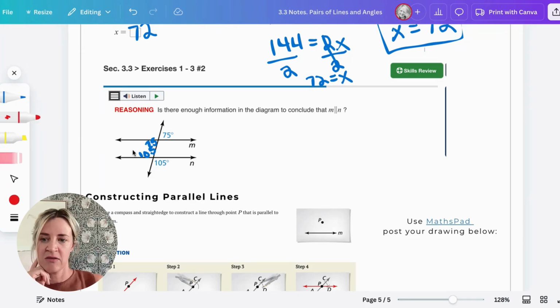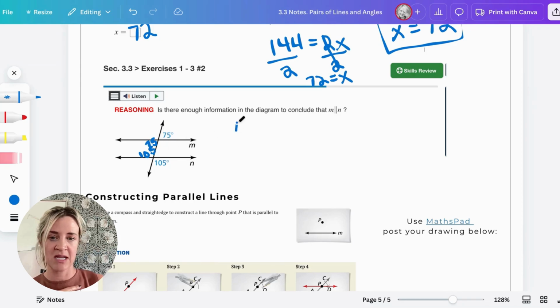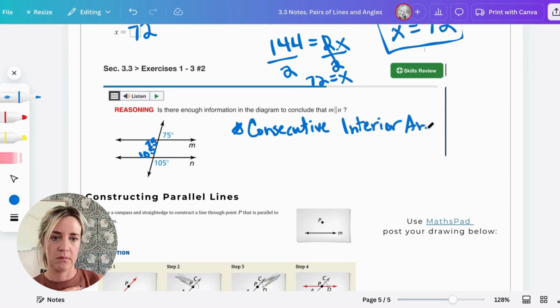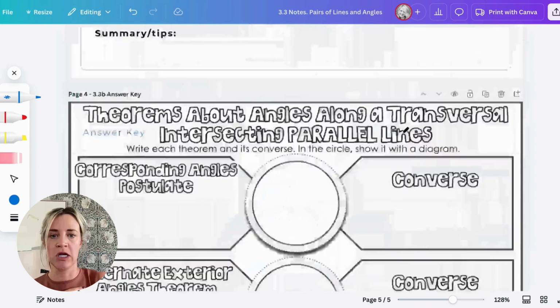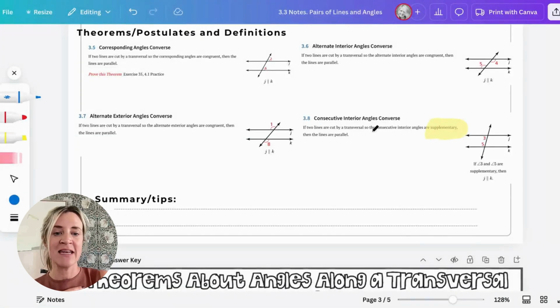And then looking at those two angles, the 75 and the 105, what type of angles are those? They're both in the interior and they're on the same side, so they are consecutive interior angles. And we learned again that if consecutive interior angles are supplementary, then the lines are parallel.